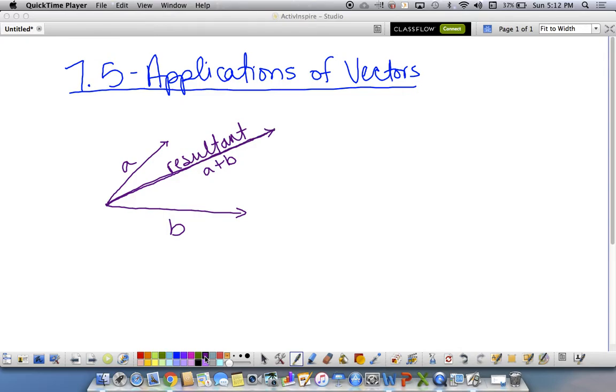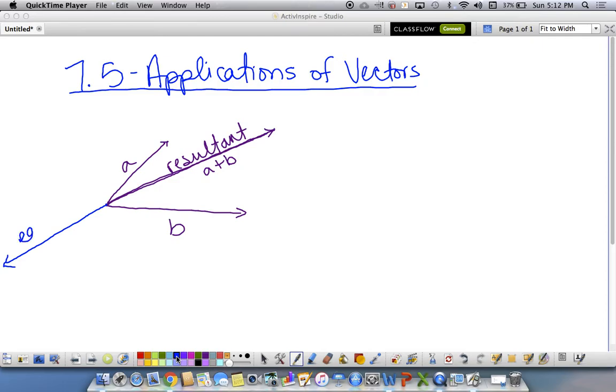But now we're going to talk about something that's going to counteract that resultant vector, meaning what's going to keep it stable. Really, what is the negative of the resultant vector?